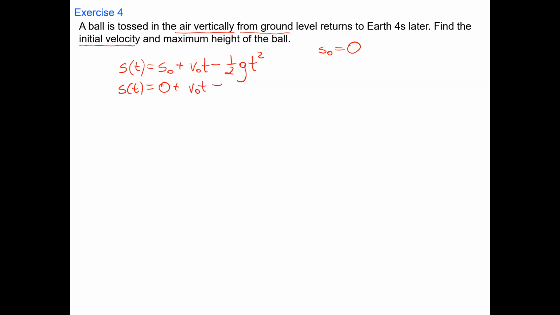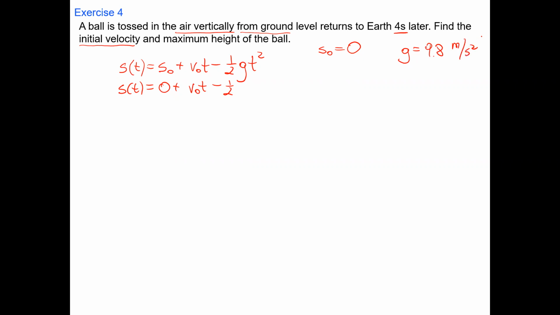One more thing, g, acceleration due to gravity. We don't know if we are using meters or feet. Let's say meters. I will use the metric system, and let's say 9.8 meters per second squared.